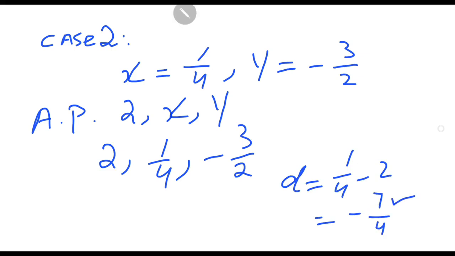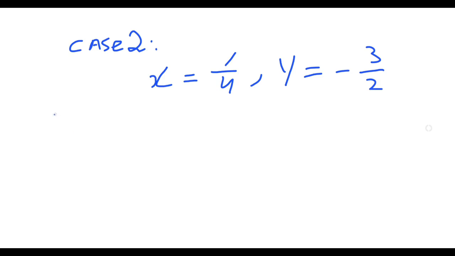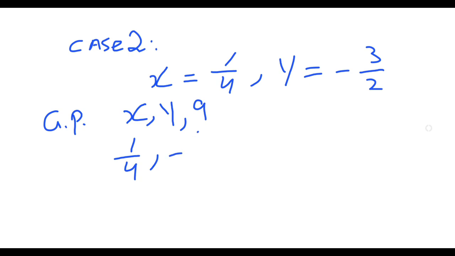Now I'm going to find the GP. For the GP in case 2, we got the last 3 terms x, y and 9. So the x value 1/4, y value negative 3/2 and 9.